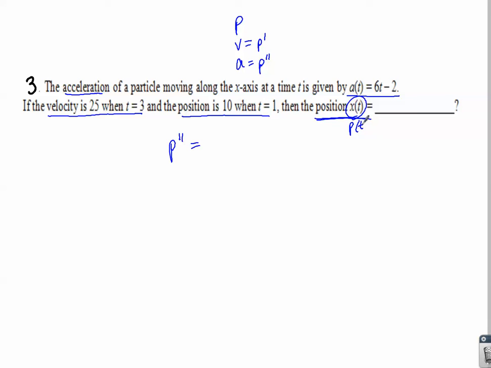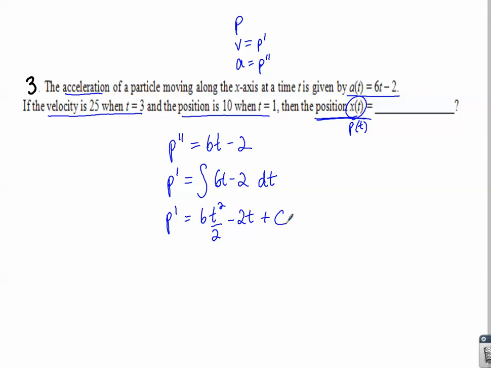I'm going to call this P of t, so we think of it as position, is 6t minus 2. Therefore, P prime is the antiderivative of 6t minus 2 with respect to t. Therefore, P prime is 6t squared over 2 minus 2t plus c, or better written as 3t squared minus 2t plus c.